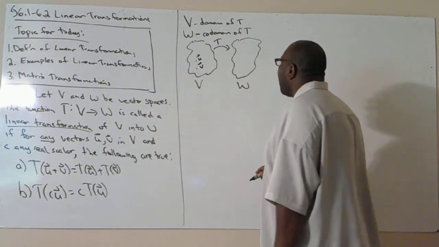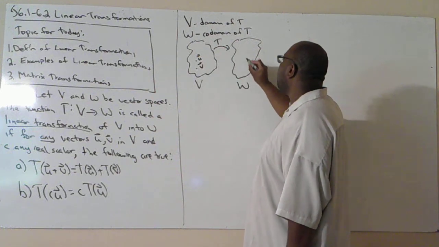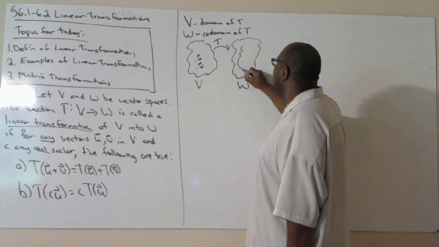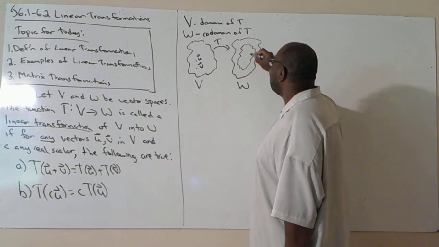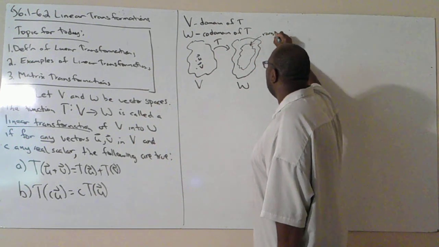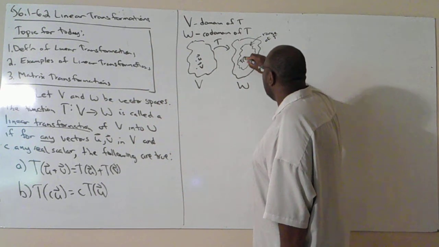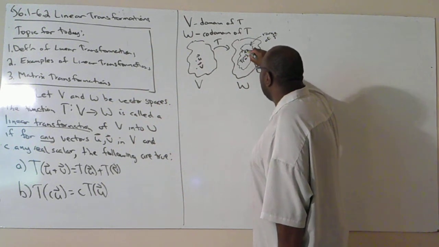What is going to happen is T is going to take U and V into W. My range of T is going to be something right here, inside of W. This is where T of U and T of V reside.